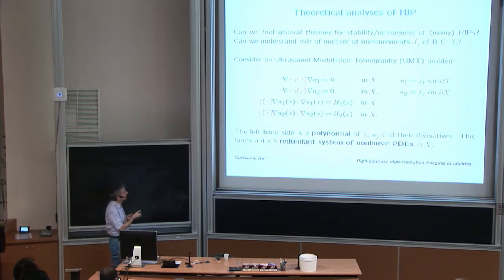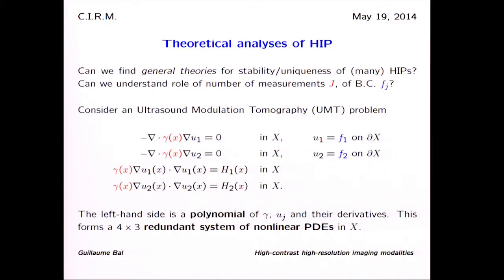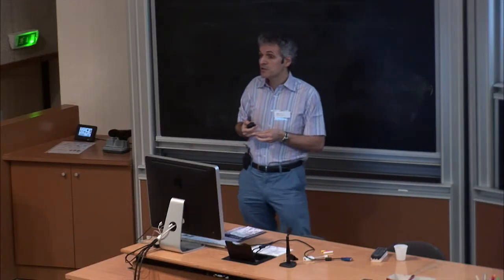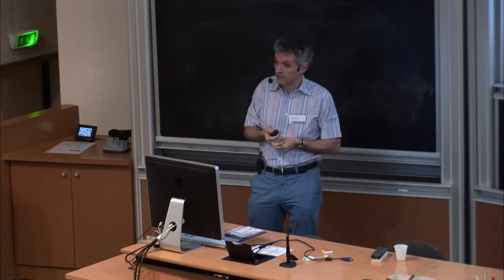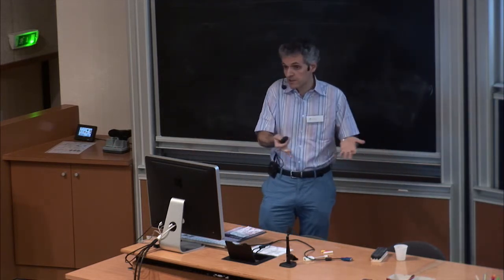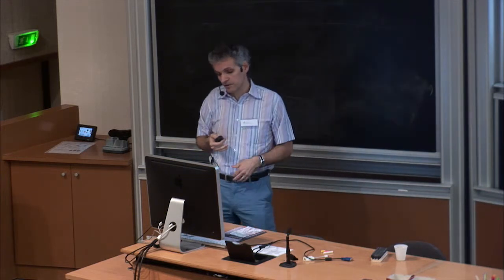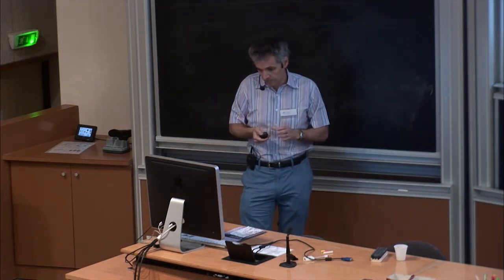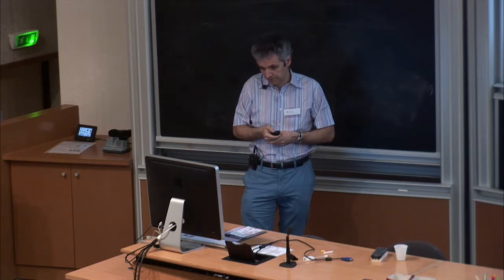So we have now gamma and u1 and u2, which we put on the same footing, and we assume that we have a nonlinear PDE for u1 and u2. Now, the number of constraints we have depends on the number of experiments we're making. So we are here in the amusing situation that the PDE itself changes as a function of the number of experiments you're making. And this is the analysis of that PDE as a function of the number of constraints that makes it somewhat interesting, certainly amusing.